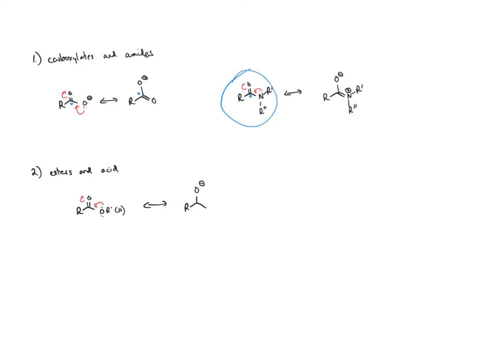Well, if they did, we would get a system that looks like this, in which one oxygen atom is negatively charged, but another oxygen atom is positively charged. And we know that electronegative atoms don't like to be positively charged. And so what this resonance form is telling us is that it doesn't want to be like this.